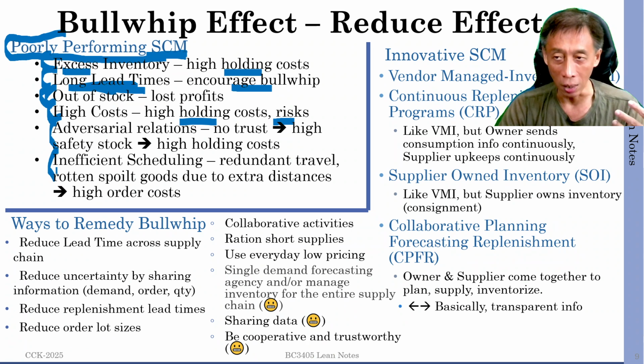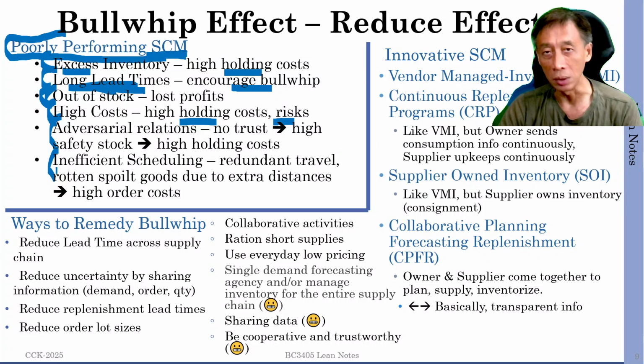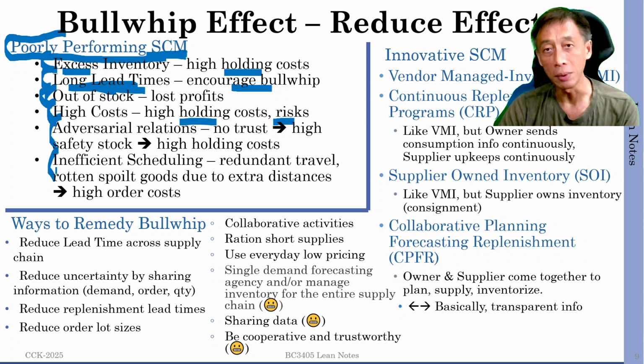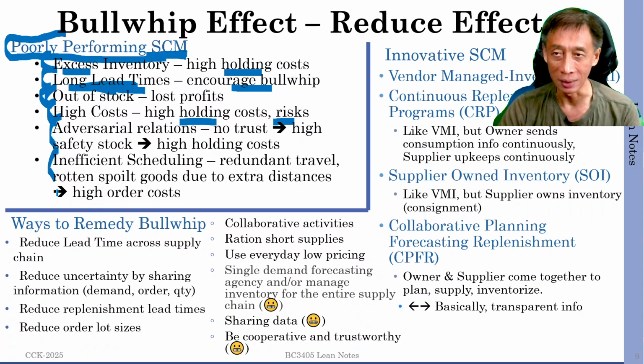And if it comes up with non-optimized or suboptimal routing or delivery quantities or whatever it is, then basically you are leaving money on the table. You're not optimizing the profit. Yeah. Okay, so those are the signs that we will see and some of the impacts that we will experience if we have a poorly performing supply chain.